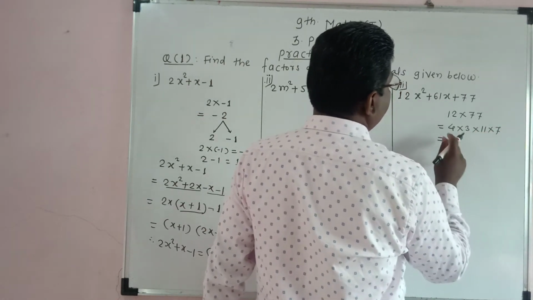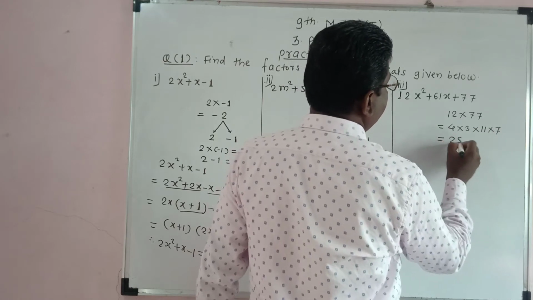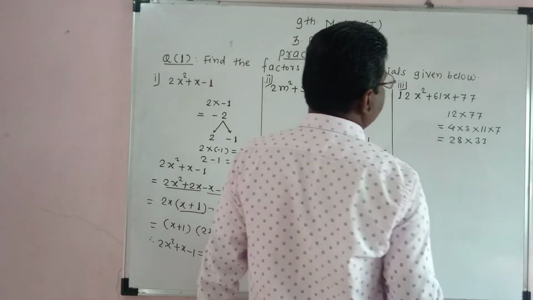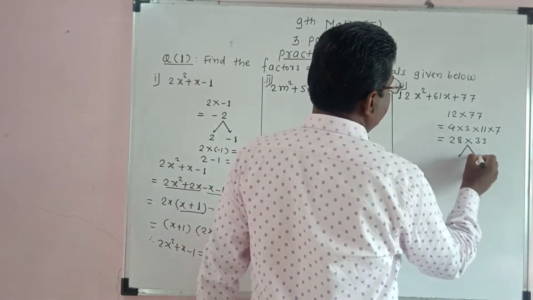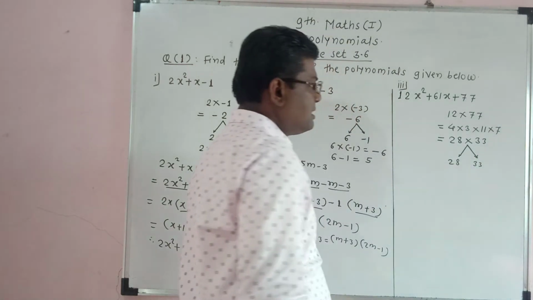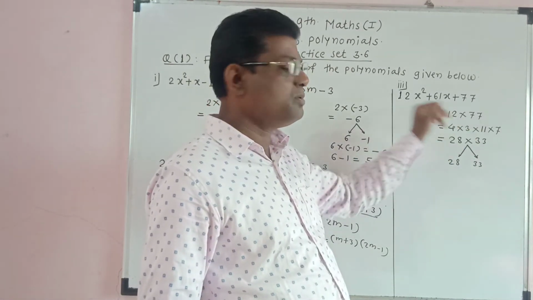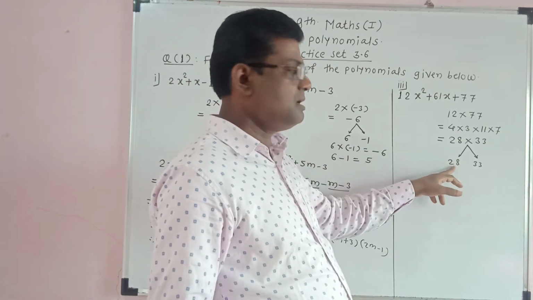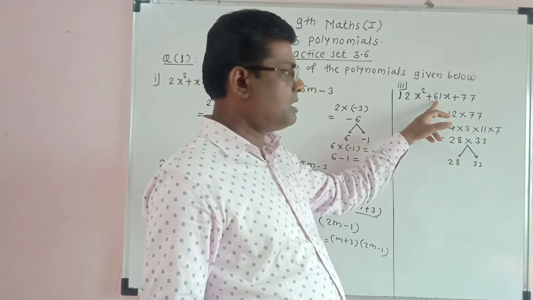Now if we multiply 4 into 7, that is 28, and 11 into 3 is 33. So there will be two numbers 28 and 33 such that their multiplication is equal to 12 into 77 and their addition 28 plus 33 is equal to 61.